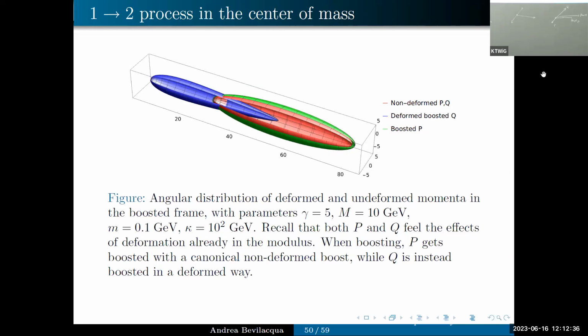So if you have sufficiently many events and sufficient resolution in the detector, you can actually measure the difference. That's essentially the point of this equation.